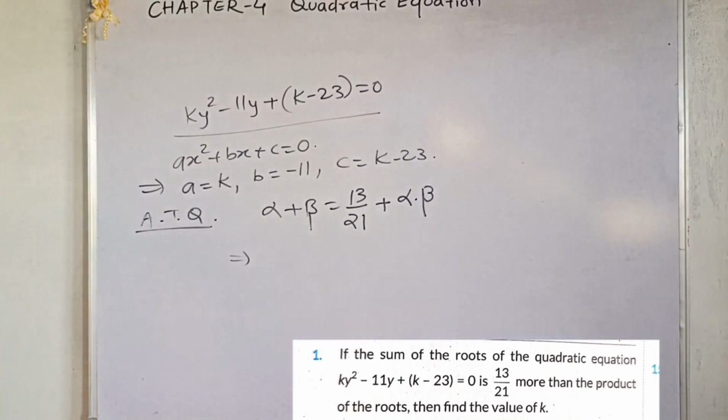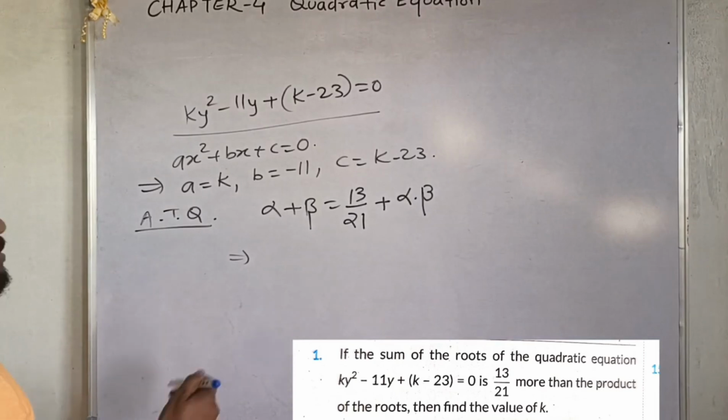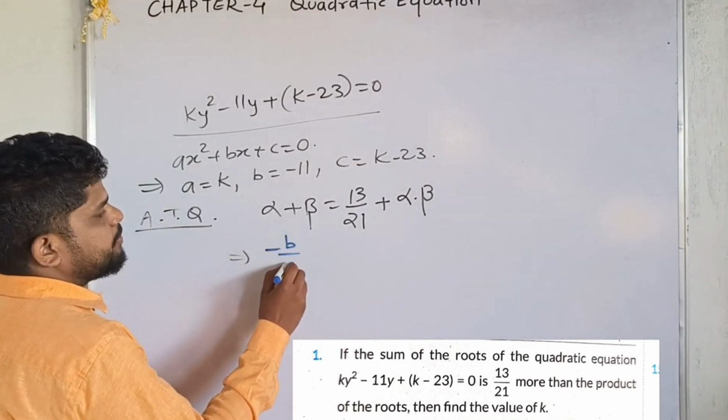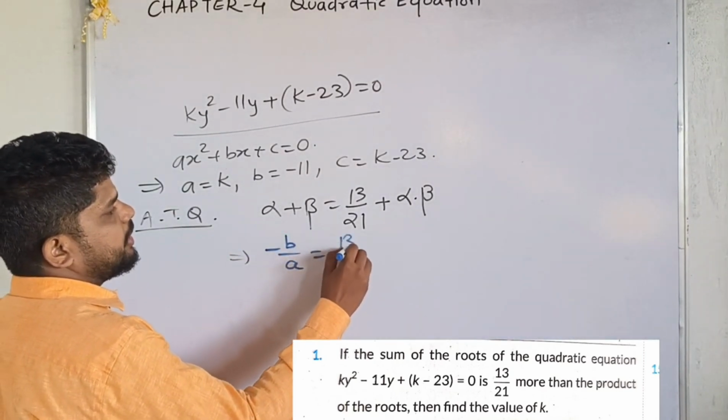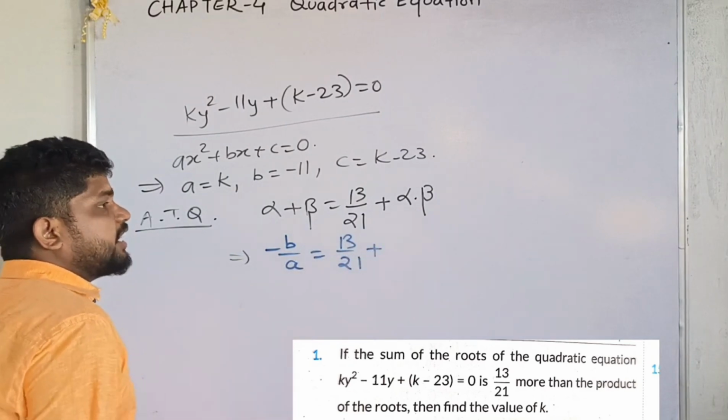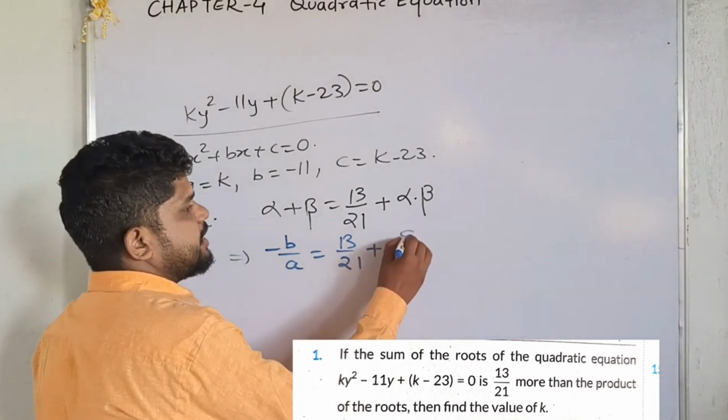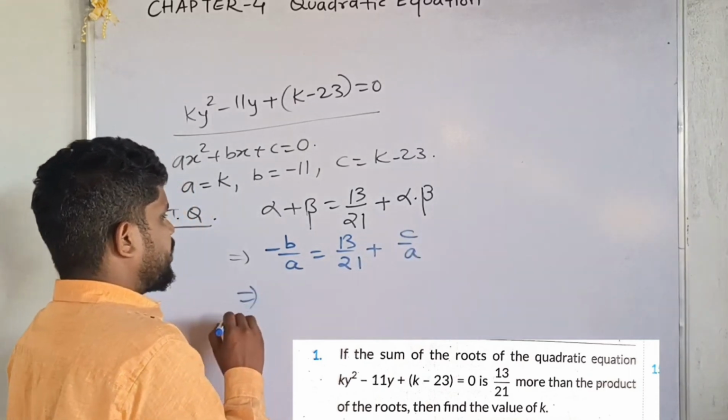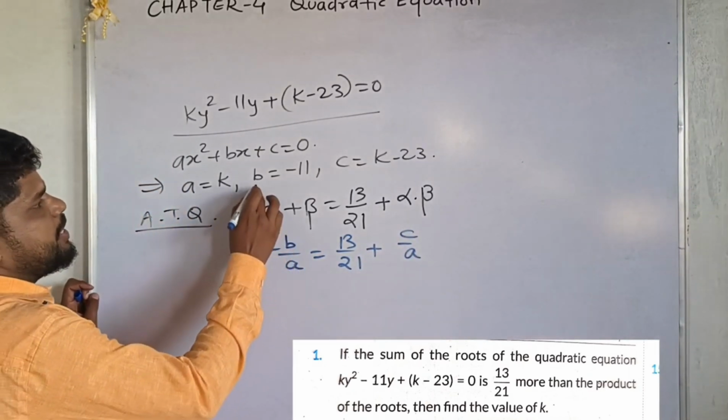So this is what, and we know that alpha plus beta we can write as minus b by a, and alpha dot beta is c upon a. What is value of b here? The value of b is minus 11.